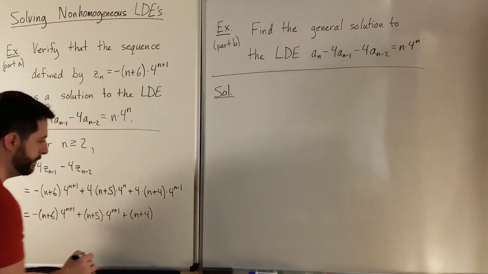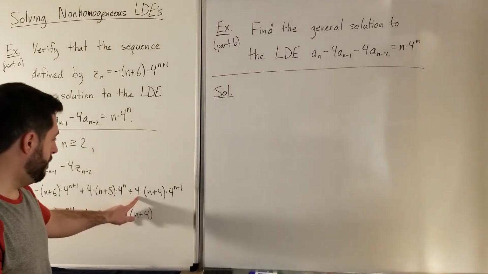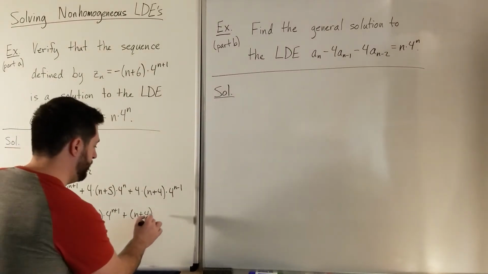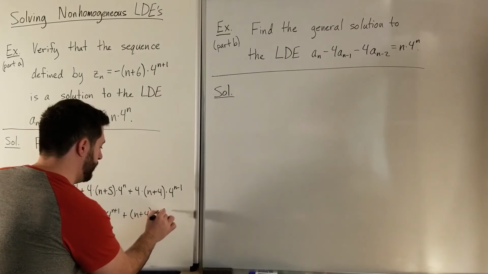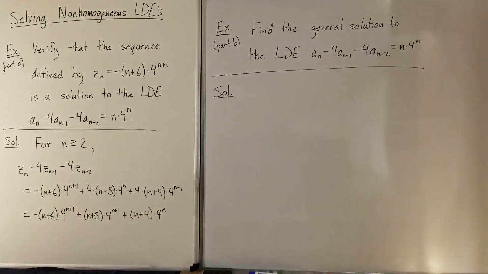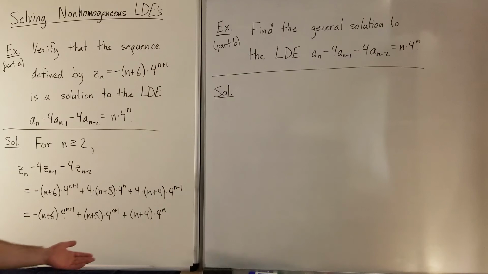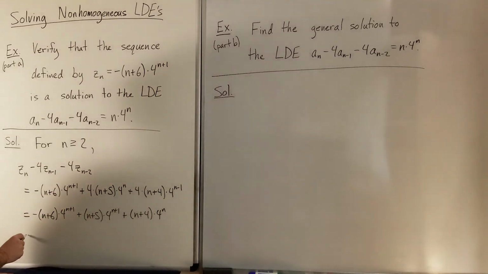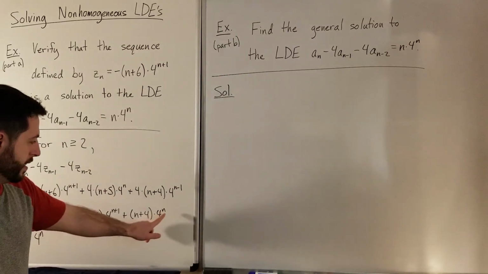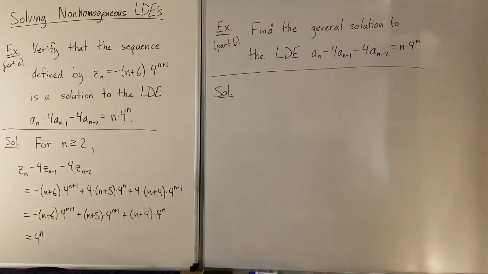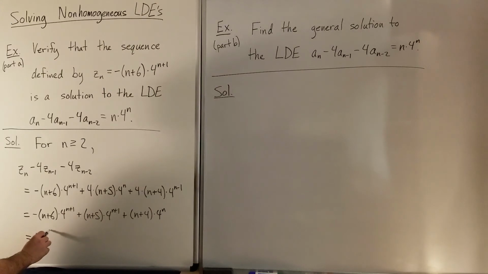I'm going to do something similar here in this last term. 4 times 4 to the n minus 1 is just 4 to the n. Alright, so I now have 4 to some stuff in each of these terms. I'm going to factor that out. So it looks like there's n plus 1, and n. So I'm going to take the smallest one, 4 to the n, and factor that many 4's out.